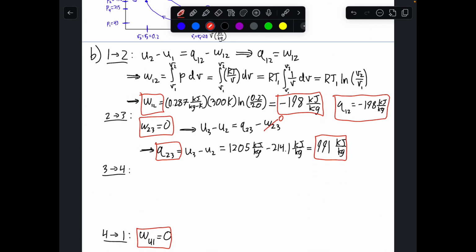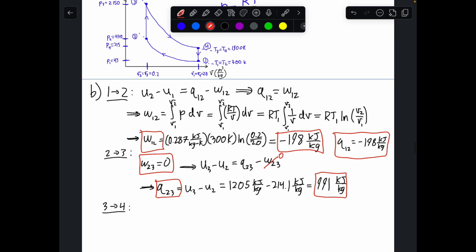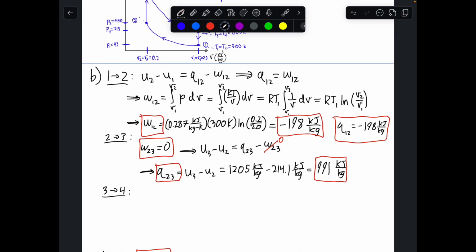Then from 3 to 4, we want to follow the similar process. So we can write out our first law for 3 to 4. It's going to be U4 minus U3 should be equal to the heat transfer from 3 to 4 minus the work from 3 to 4.